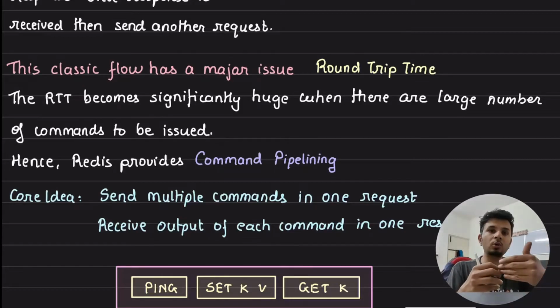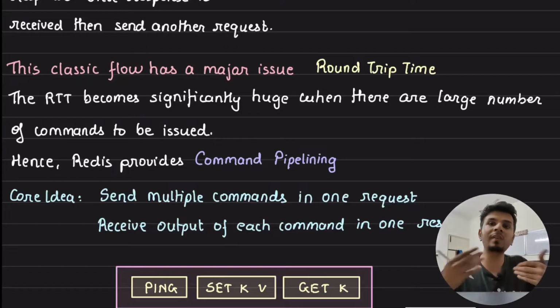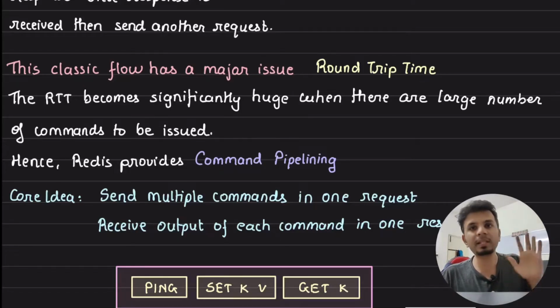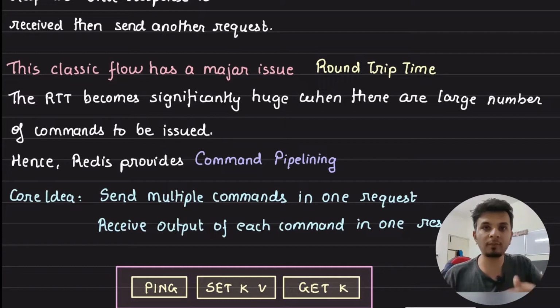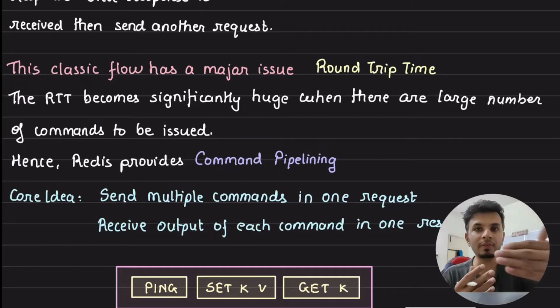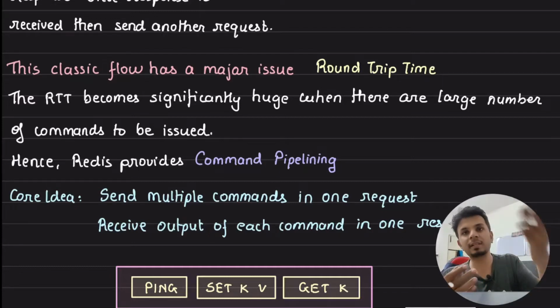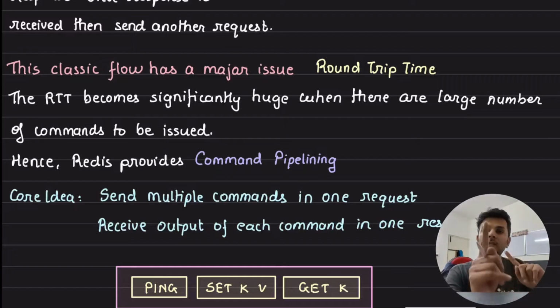But as it goes into an infrastructure over the internet, these round trip times become extremely critical, right? Because this is the major cost involved when your client is firing a lot of requests to Redis and your server is responding back. So a lot of time goes into this round trip.